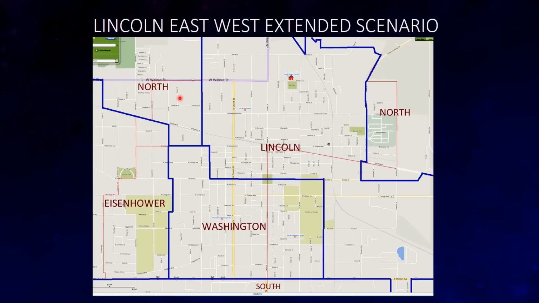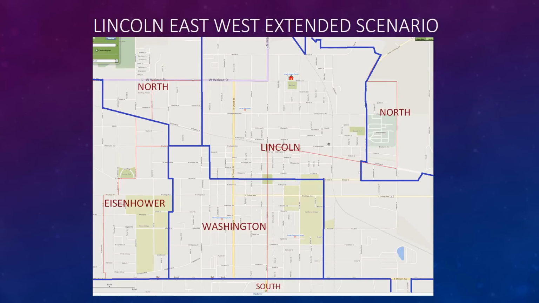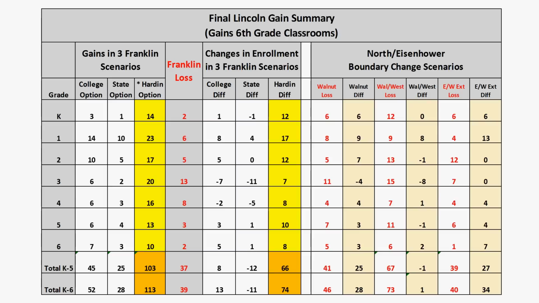Therefore, you would gain 35 total students to North, and these 5 students then would go to Eisenhower. Once again, that is dependent upon the final scenario solution and final plan of the Eisenhower-Washington border. This chart summarizes the Lincoln gain summary for those 3 scenarios.